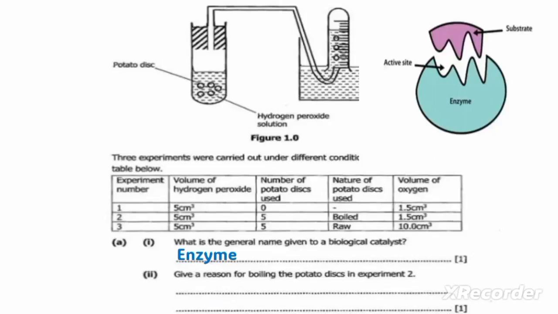We shift to the next question, which is question 1A, Roman numeral 2. Give a reason for boiling the potato discs in experiment 2. So we have seen that in experiment 2, the potato discs were boiled.